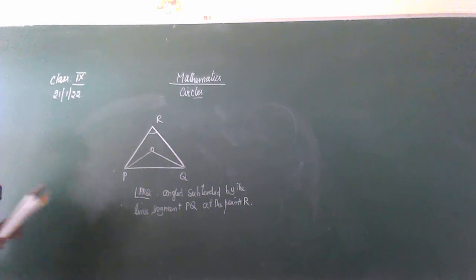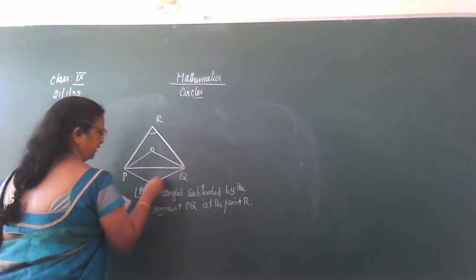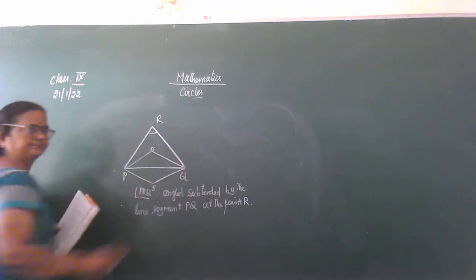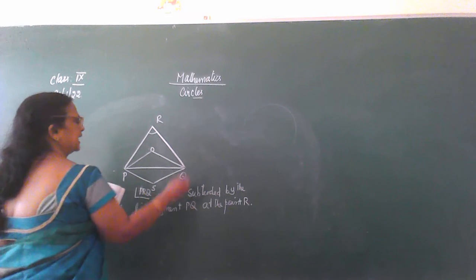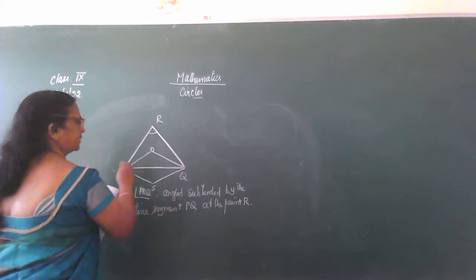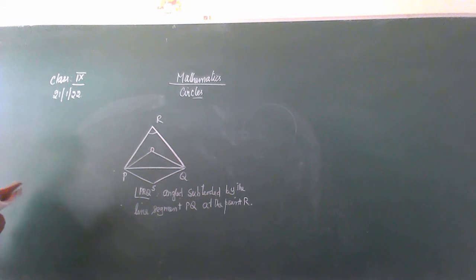So PRQ if I draw and PSQ if I draw. Again I can say POQ is the angle subtended by the line segment PQ at the point O. POQ is the angle subtended by the chord at the center O.